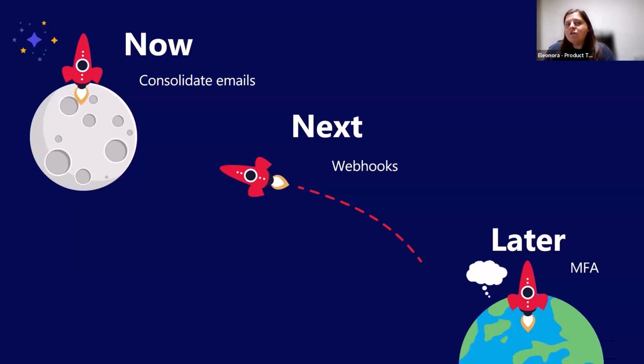So the idea of this dynamic approach is that things don't get stuck. Instead of saying, no, MFA needs to be going out, and then making the whole rest delayed, we just take it out and keep going through different things. In this presentation, I'm going to share with you what we're working on now, next, later.